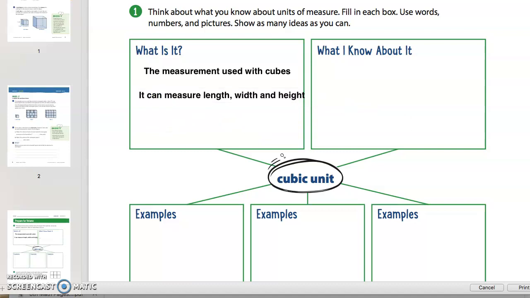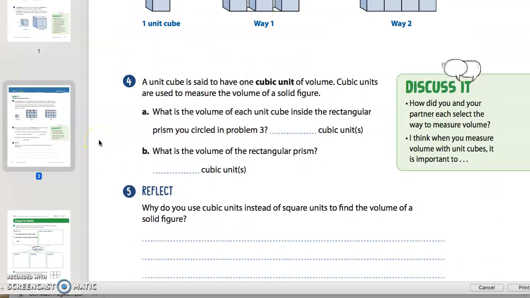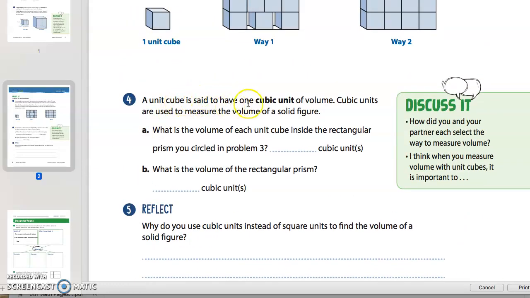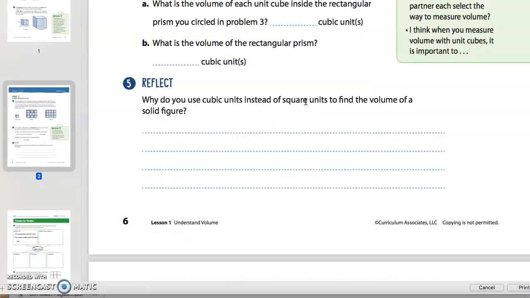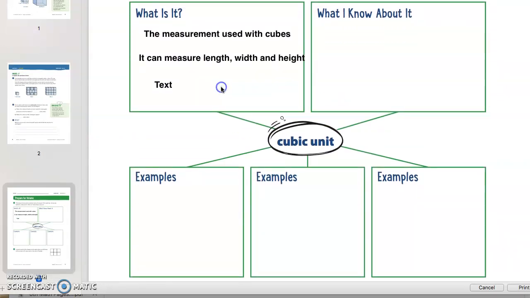If you've already put that, you can put additional information, just anything you know about a cubic unit. You can go back and look. And when I look, it says a unit cube has 1 cubic unit of volume. So I can say it's volume for a 3D figure, right?